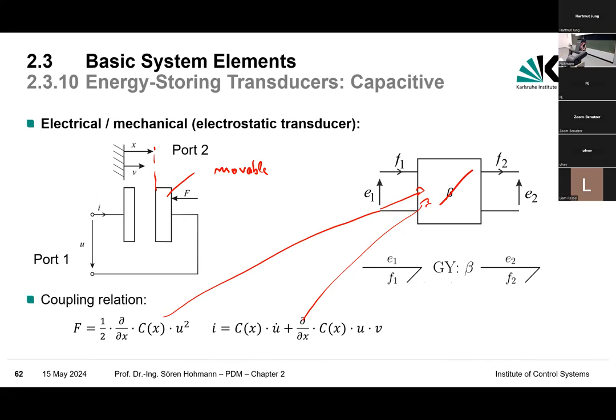So it's a very small, tiny device where this is used. That's one principle where we use such a capacitive principle.